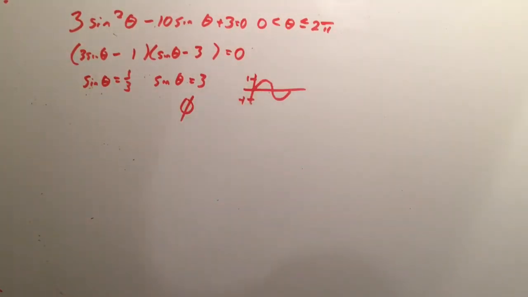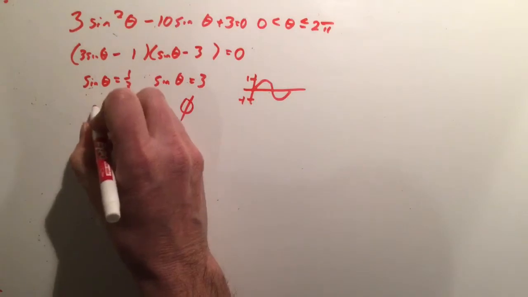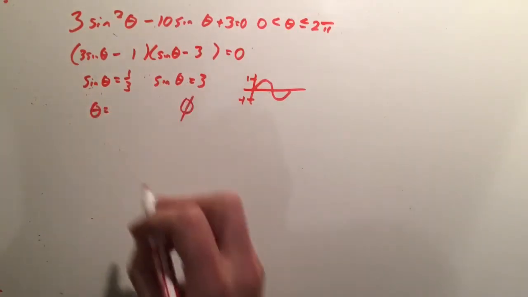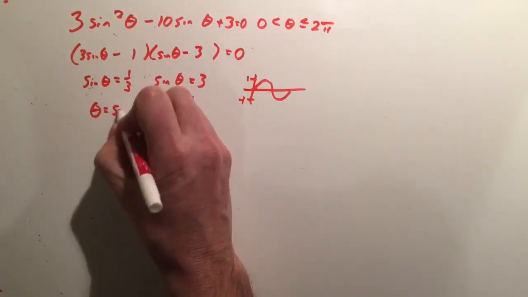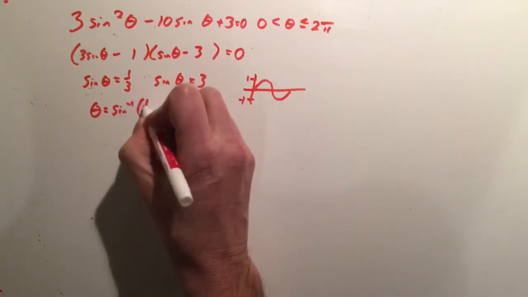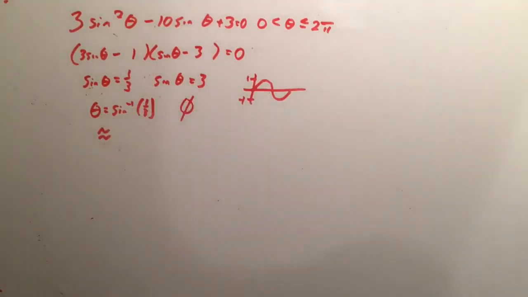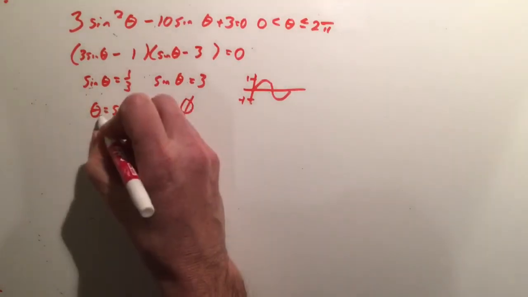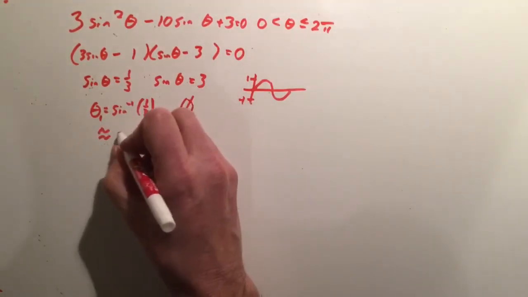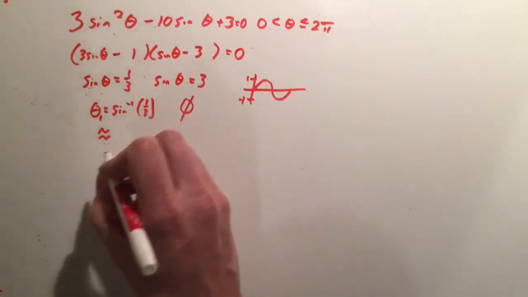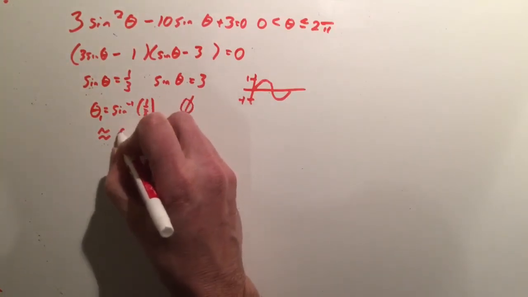This one, however, I am going to have to solve because sine can be 1/3, so theta is sine inverse of 1/3, where I will then go to my calculator, and my calculator is going to tell me this is 0.34.